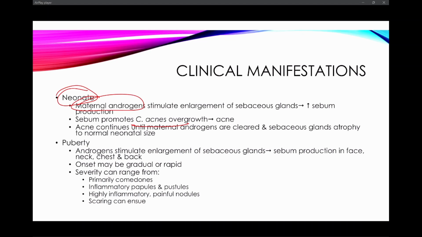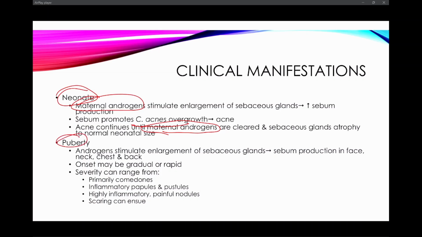Acne will continue until the maternal androgens are cleared and the sebaceous glands atrophy to normal neonatal size. So if there is neonatal acne, maternal androgens is what caused it. Once the maternal androgens get out of the system of the baby, the acne will go away.